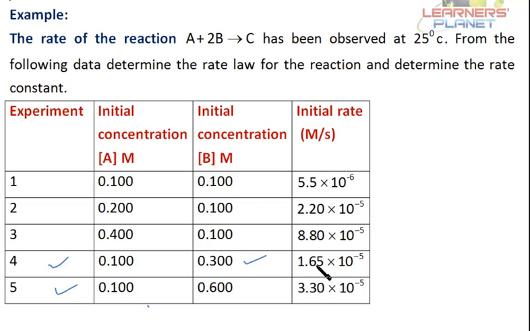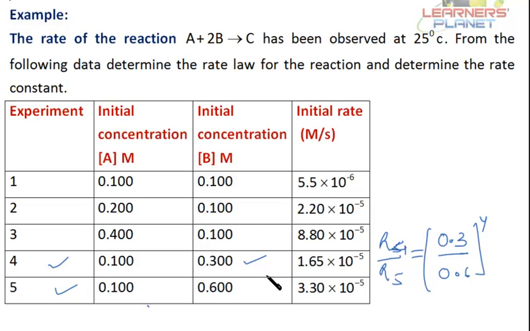The rate 4 by rate 5, I can simply write here, is equal to 0.3 by 0.6 to the power y or m, anything it can be.